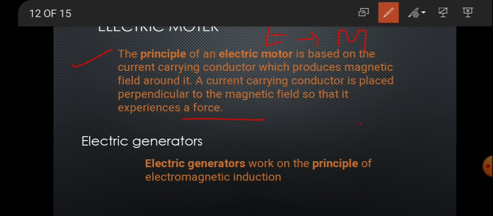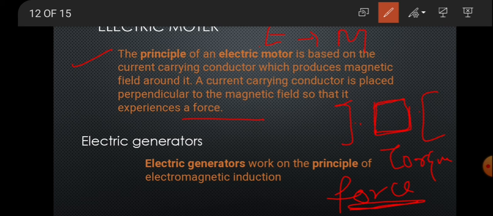Its principle is based upon the factor that whenever a current carrying coil is placed in a magnetic field, it experiences torque or force. So its principle is that whenever we place a current carrying coil in a magnetic field, it experiences force or torque.